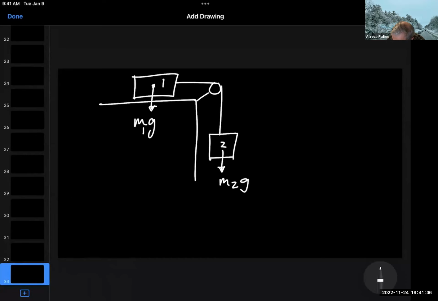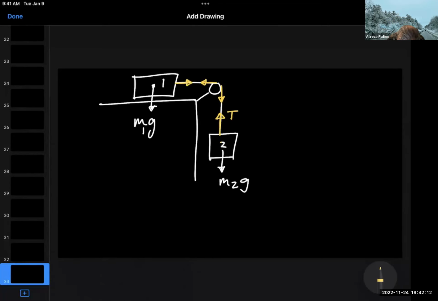Bring it down. Now, suppose that the rope between the two objects, 1 and 2, is not stretching. That means the rope is going to go upward, but it's not going to stretch, so it's going to hold the object 2. Then that tension goes here, then it goes around here, and it goes to the end.